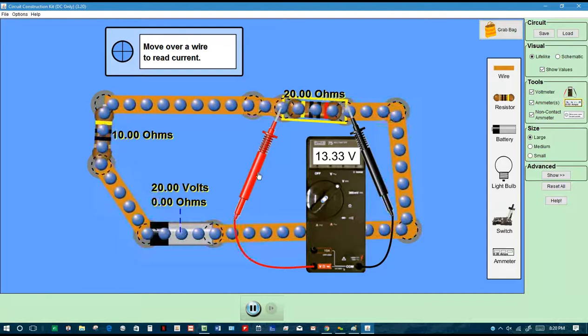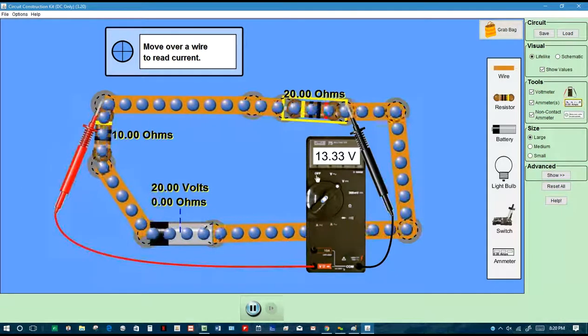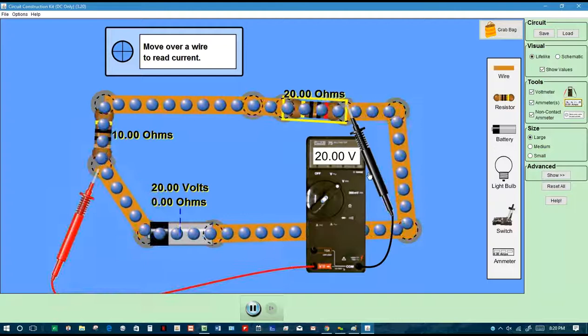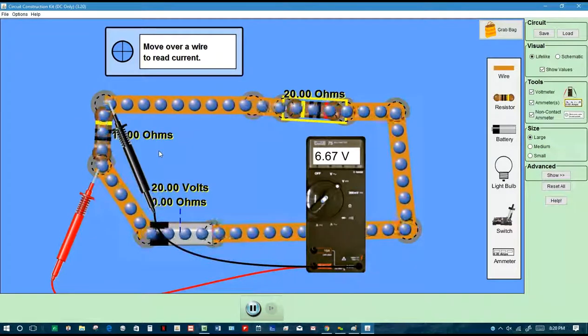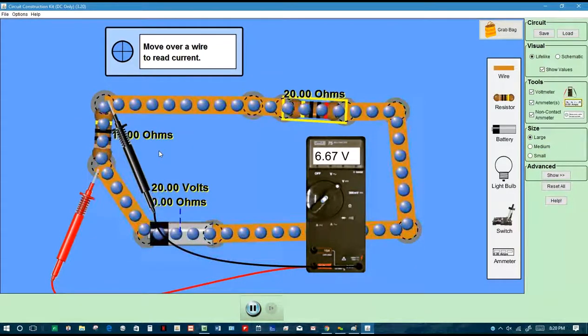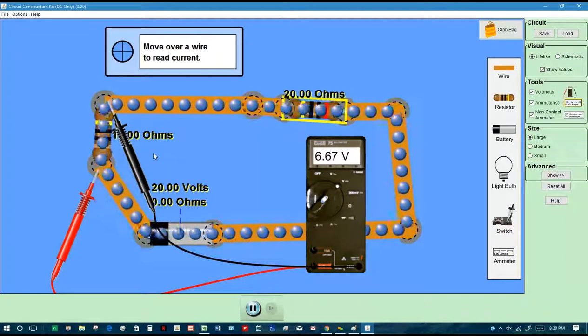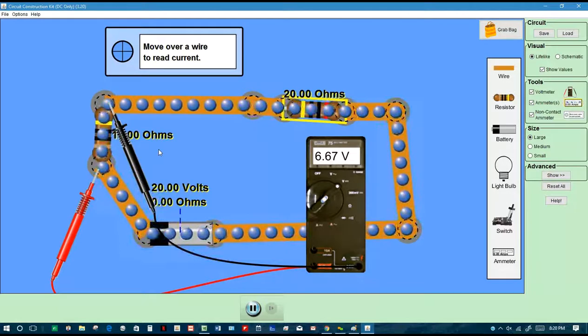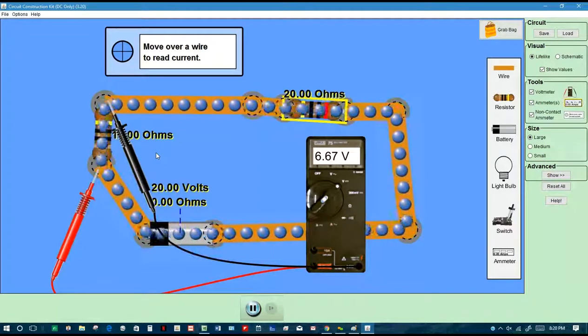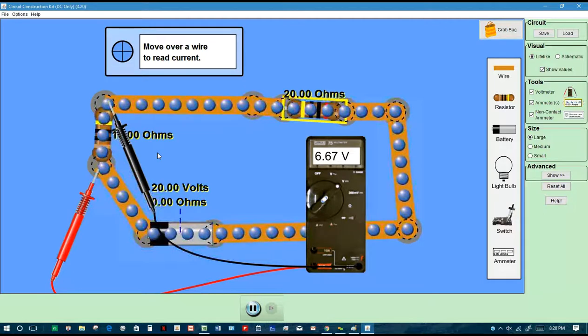And it will always use less of that voltage available to push through areas of less resistance because 10 ohms is less than 20 ohms. But again, they always have to add up to the voltage of the battery. That's his law, Kirchhoff's law, and since it's called a law, it means it's always true. All right? All right.